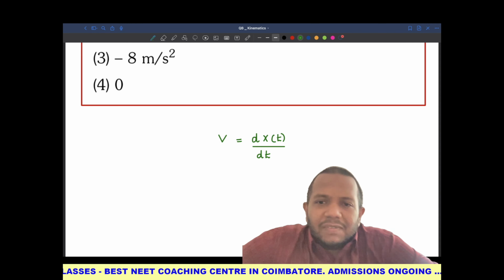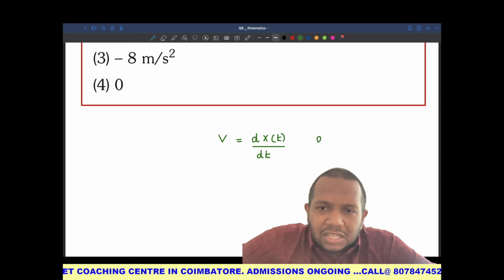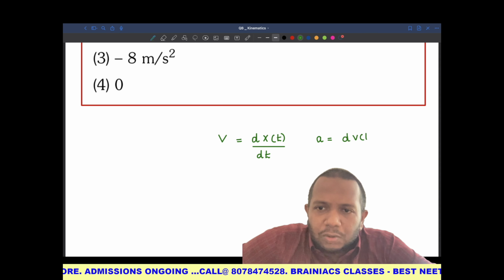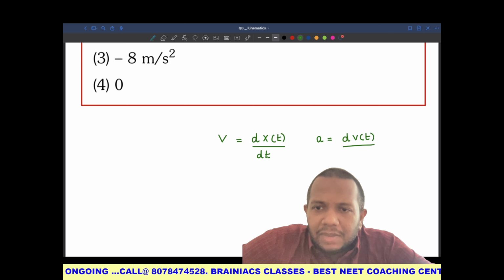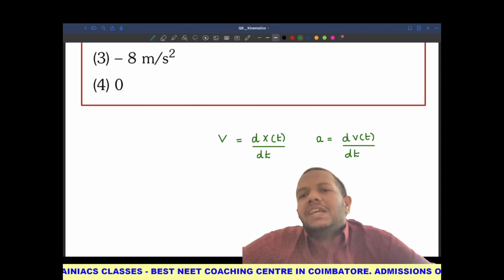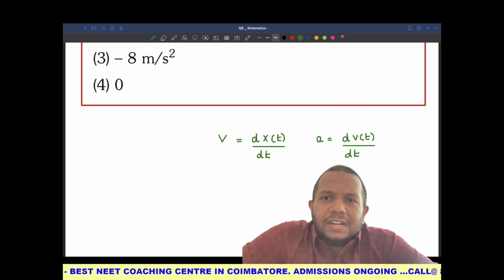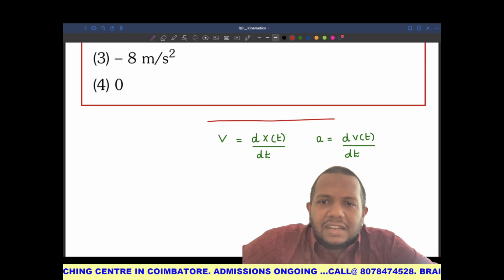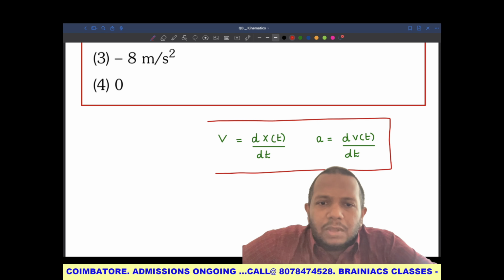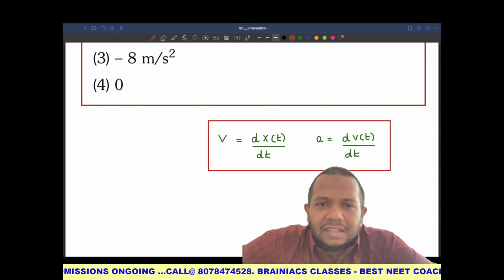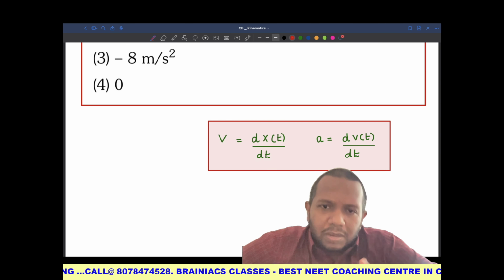Now you need to arrive at acceleration. Acceleration is given by dv of t by dt, where velocity is a function of time. So if you differentiate it, you will get acceleration. This is the fundamental you should understand regarding this question. I hope you have already learned this in theory sessions, so you might be knowing it.